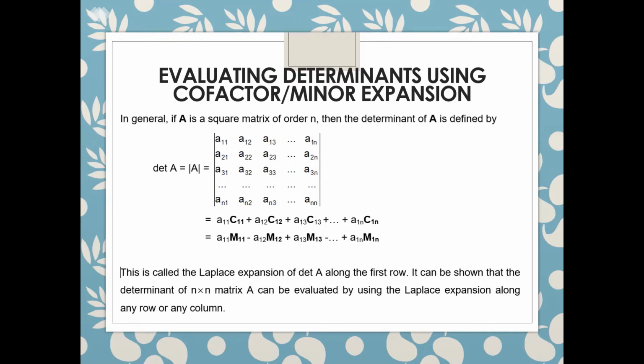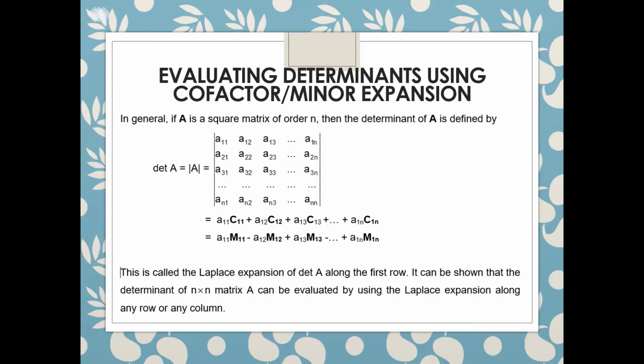In general, if A is a square matrix of order n, then the determinant of A is defined as A11 cofactor 11 plus A12 cofactor 12 plus A13 cofactor 13 plus so on plus A1n cofactor 1n. Or, by using minor, the answer is A11 minor 11 minus A12 minor 12 plus A13 minor 13 minus so on plus A1n minor 1n.